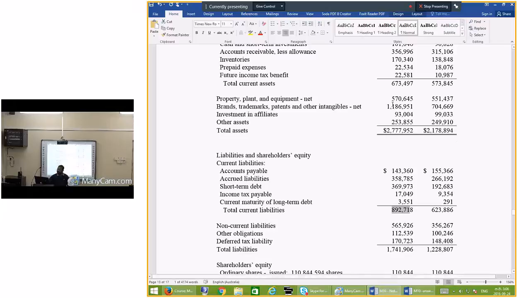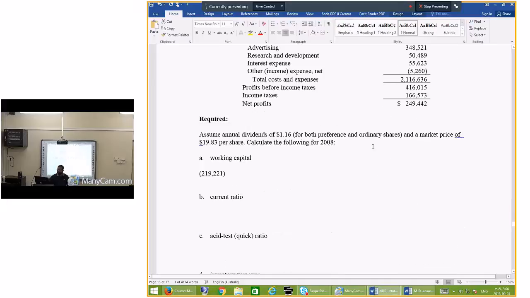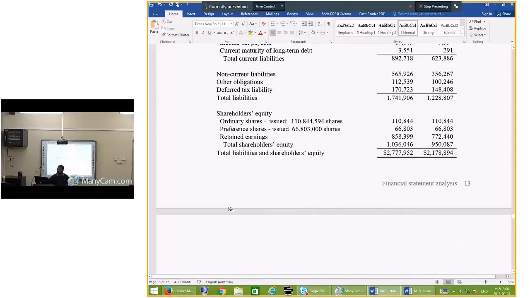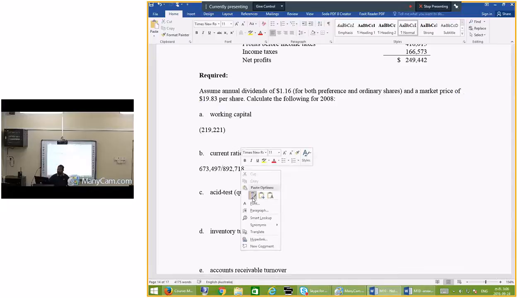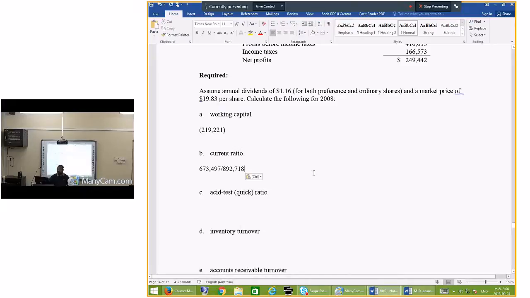Current assets 673,497 divided by current liabilities 892,780. The ratio should be around 0.75.